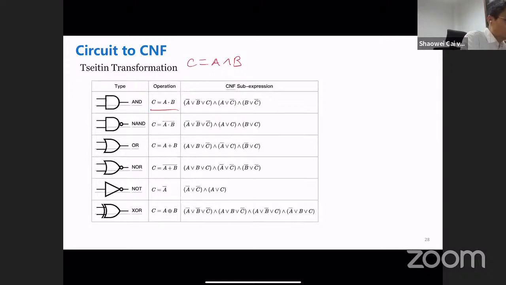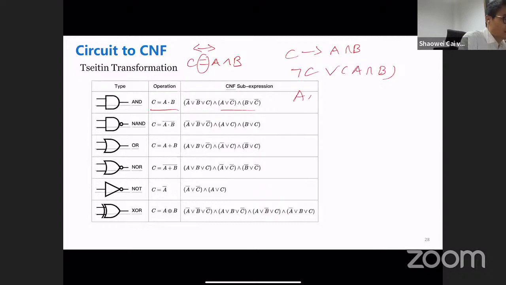So now we realize that this is an equivalence, so it has two sides. First, C implies A and B. Now this is not C or A and B, and we distribute it, so we get these two clauses here.